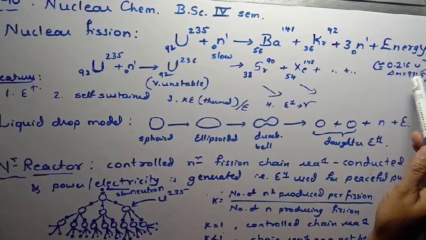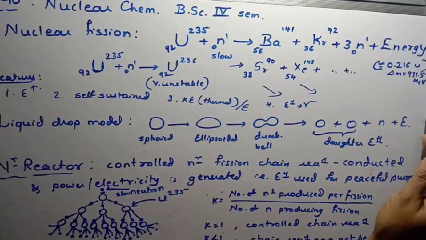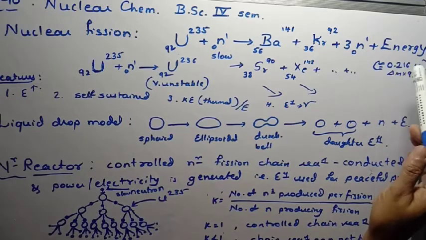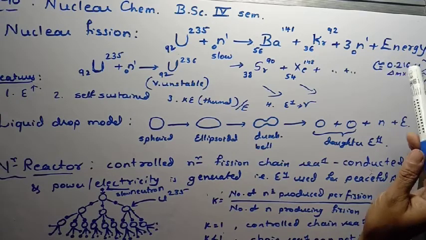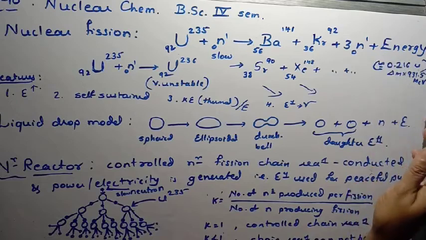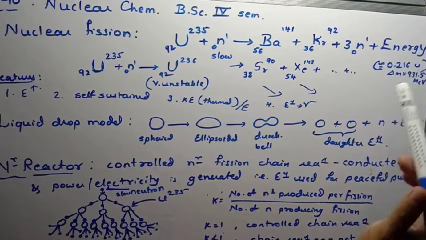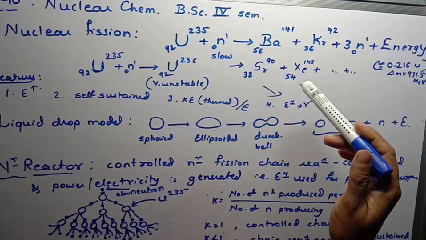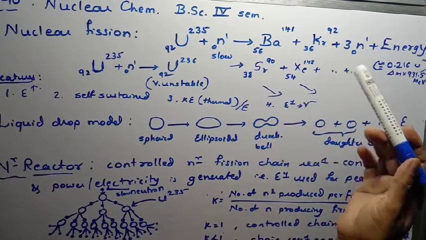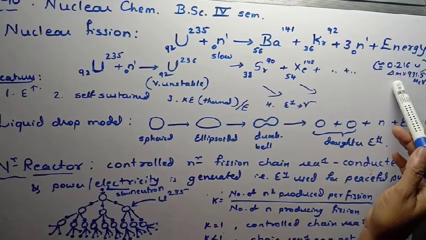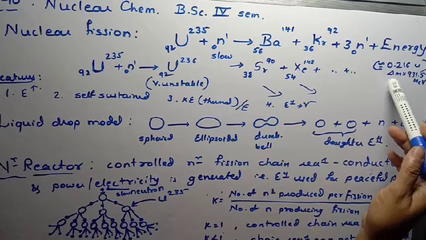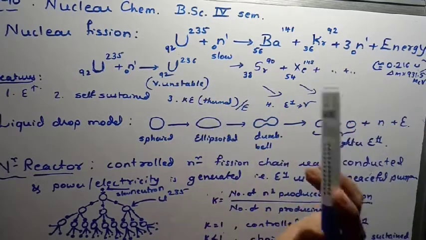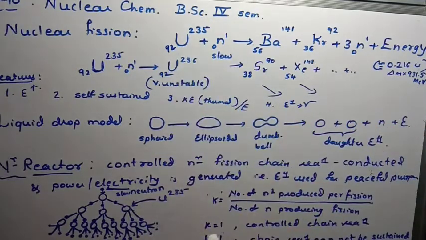And when you multiply it by 931.5 mega electron volt, you will get nearly 200 mega electron volt energy liberated. Okay, so now the amount of energy liberated in different reactions will be different. That depends on the mass defect, the amount of mass which disappears during the change in the nucleus.